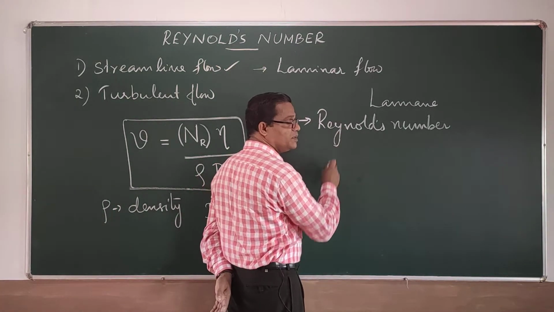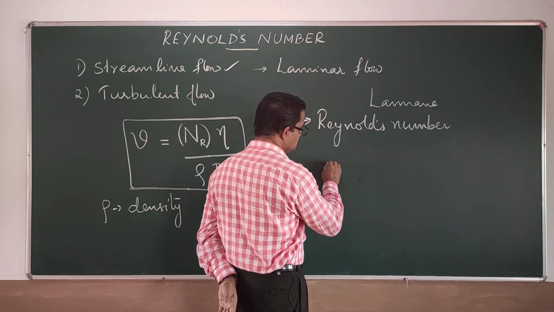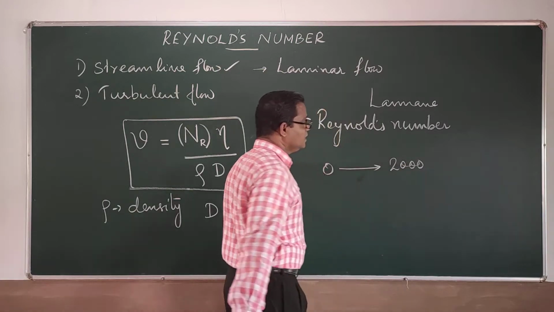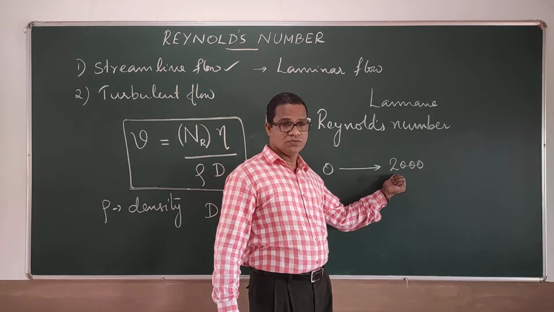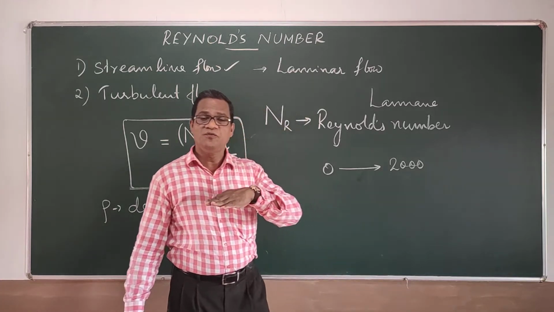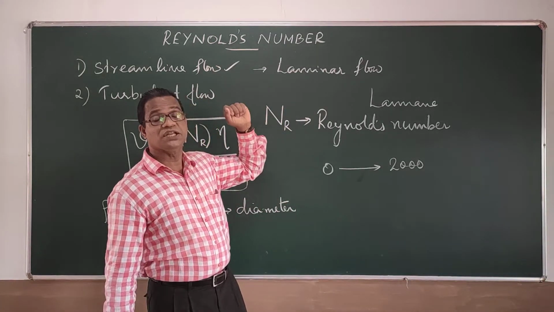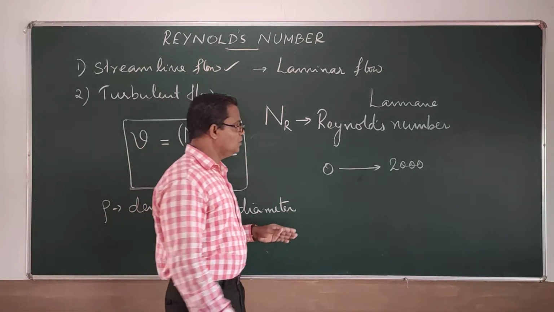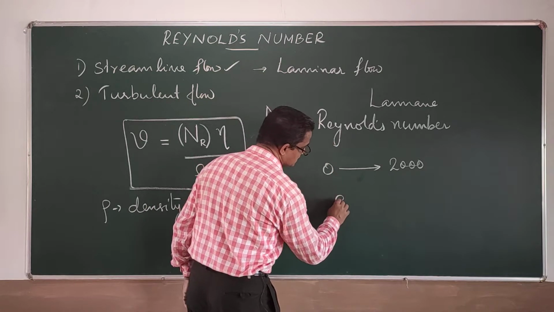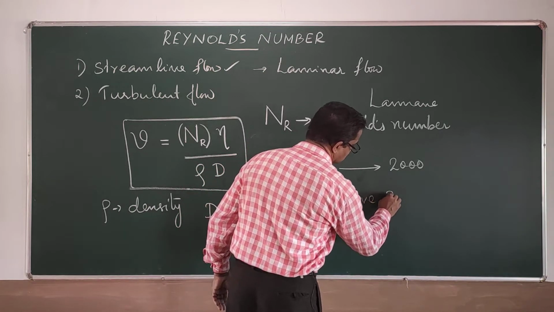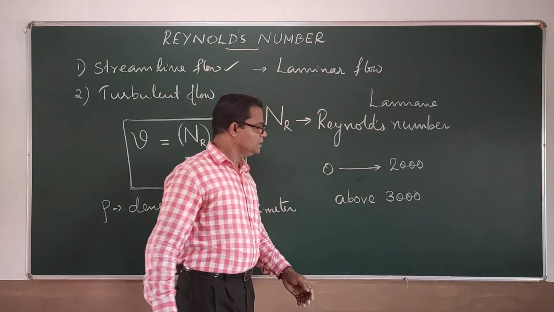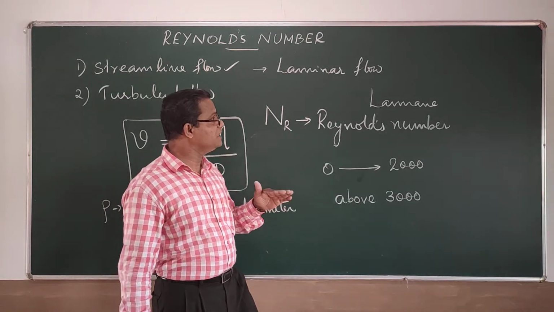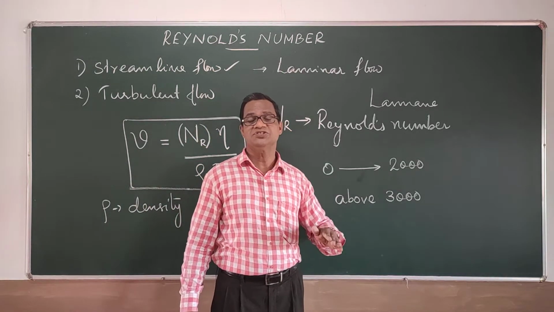If the Reynolds number is between 0 and 2000, up to 2000, the flow is found to be streamline or laminar flow. If the Reynolds number is above 3000, the flow is definitely turbulent or unsteady.